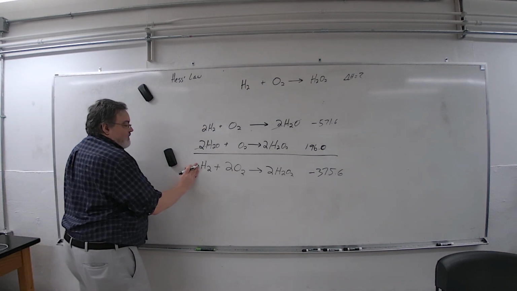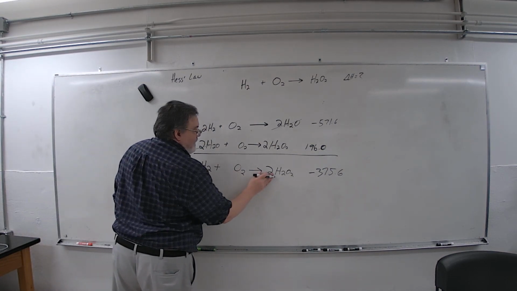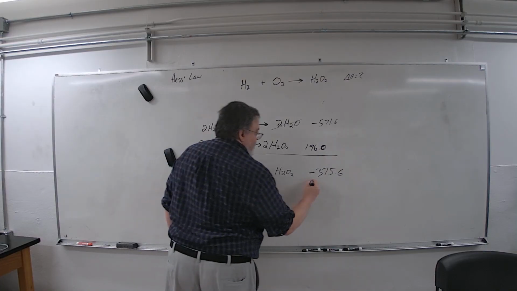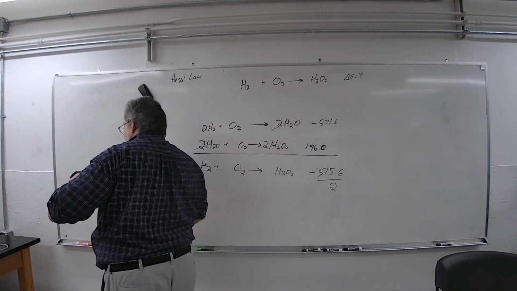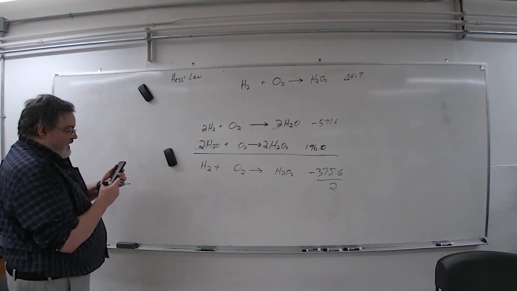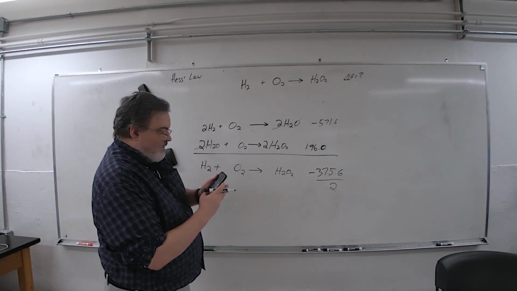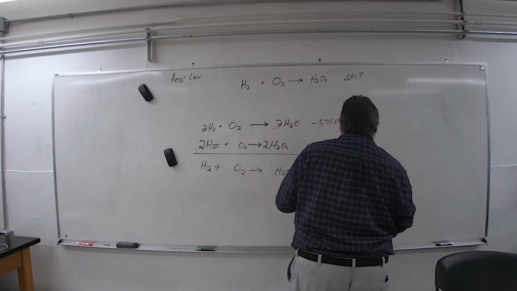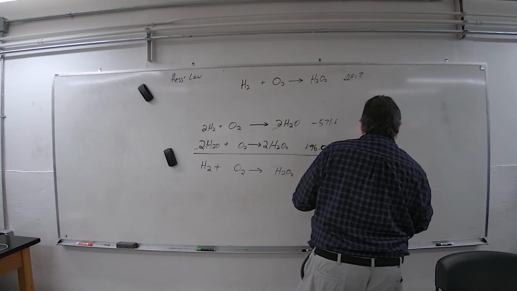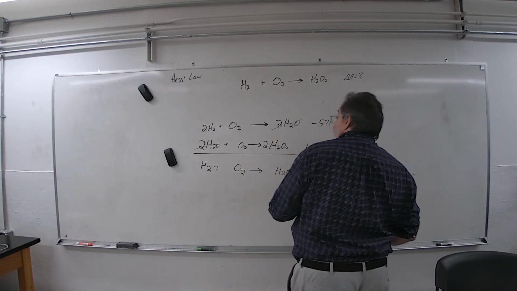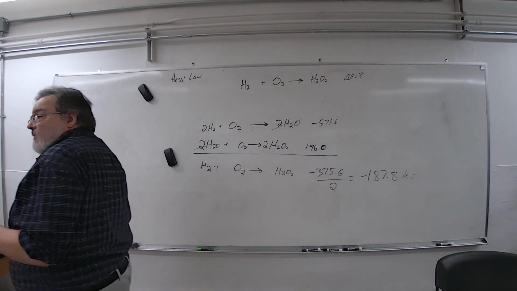But divide by 2, divide by 2, divide by 2, and now I've got to divide this by 2. I've really kind of added an extra step for myself. So there. You follow this?